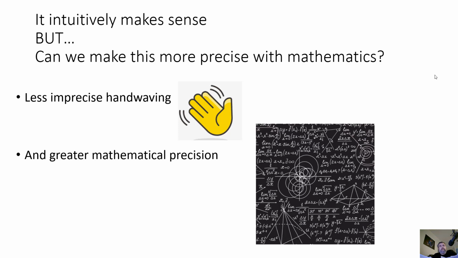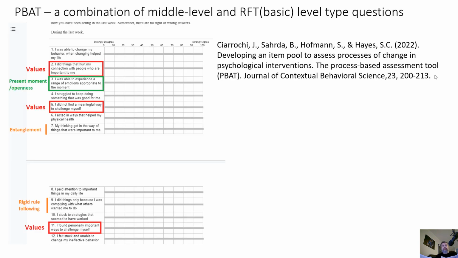So the question I'm asking, I've got a mathematical background, is can we use more precise mathematics within this area, so we are absolutely nailing it with a mathematically precise way of specifying our relations within a network that could be used for PBT research, process-based therapeutic research. So less hand waving and more mathematical precision is the direction I'd like to go down.